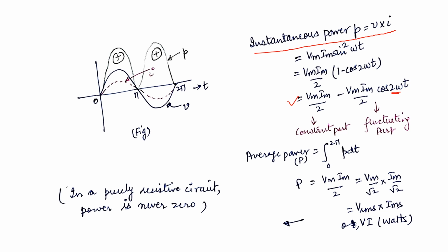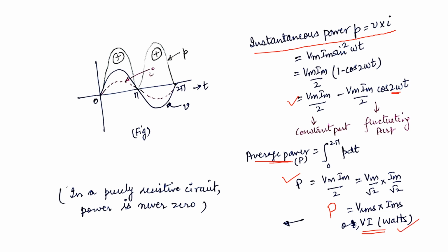Now, if we calculate the average power for the complete cycle, we need to integrate this from 0 to 2 pi. After integration, we find that the power for the whole cycle will be equal to Vm Im by 2, which can be written in terms of the RMS values as Vm by root 2 into Im by root 2. So we can write the formula for the average power P is equal to V RMS into I RMS, or we can write it as V into I, where capital V and capital I notation indicates the RMS values.